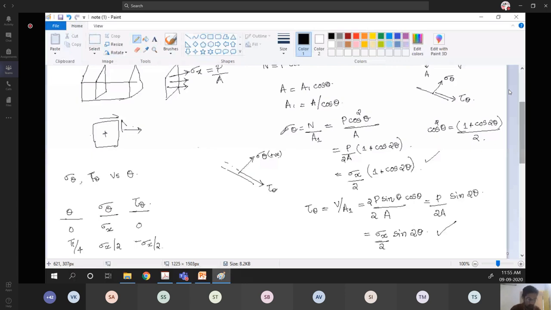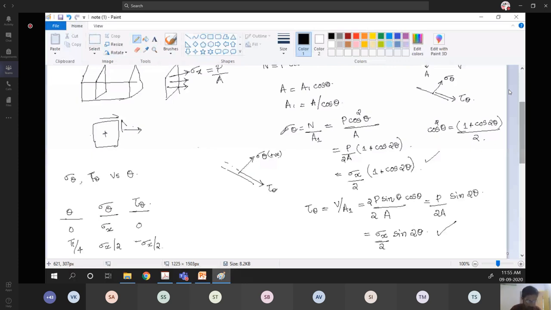Then what can be the stress components here? There can be stress components like this. Sigma 1 can be like this, and sigma 2 can be in the opposite direction. Sigma 1 is positive if it is along the positive direction. If it is along the opposite direction, then it is negative only.